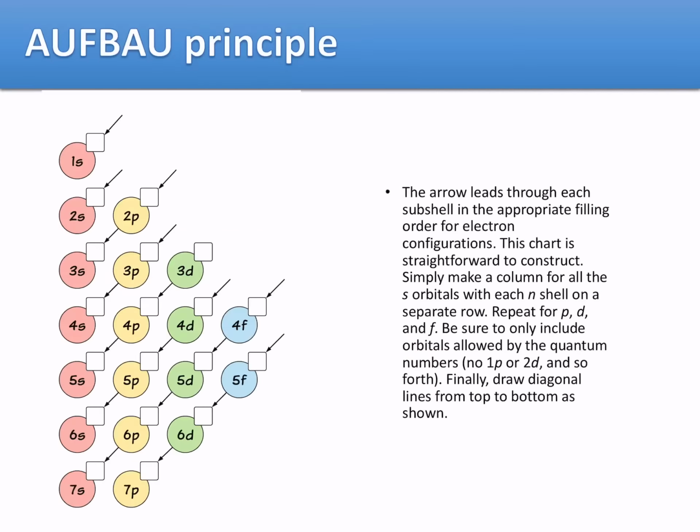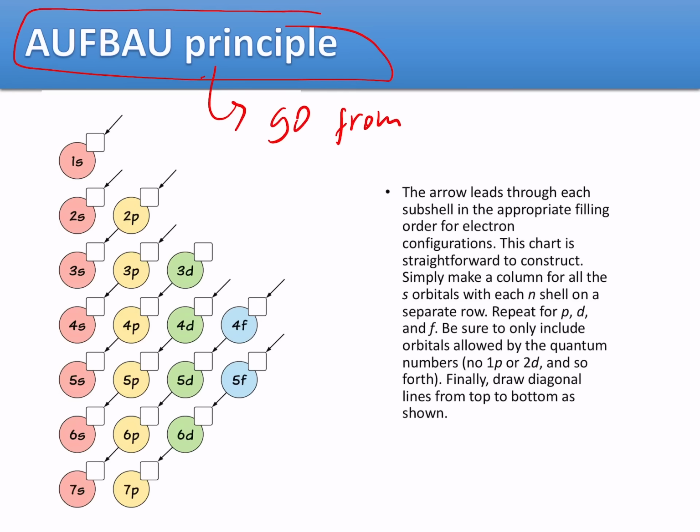Now, how do we do this electron configuration? We use the Aufbau principle. The meaning behind this is just a fancy name to describe what is going on. If we translate what this means, it's just go from lower energy to higher energy.